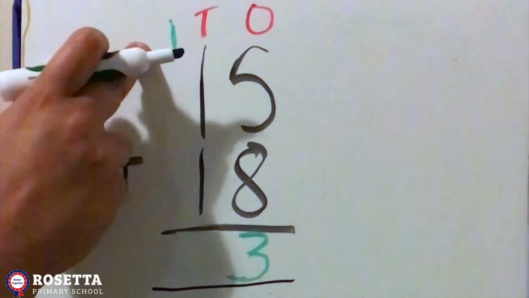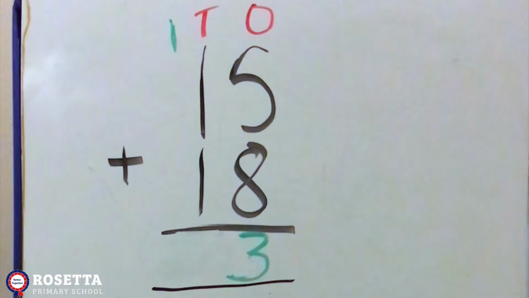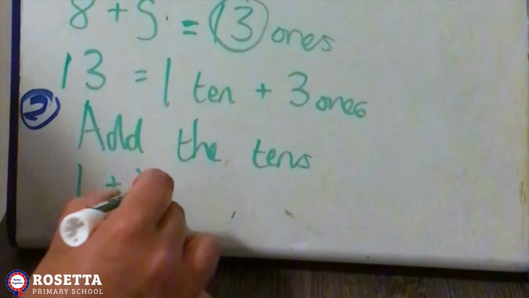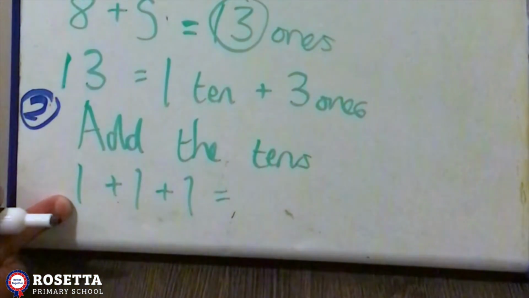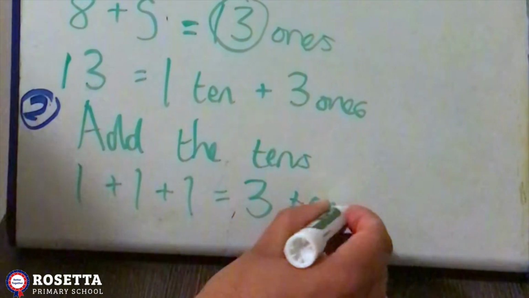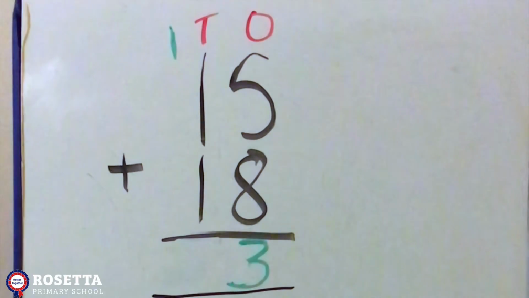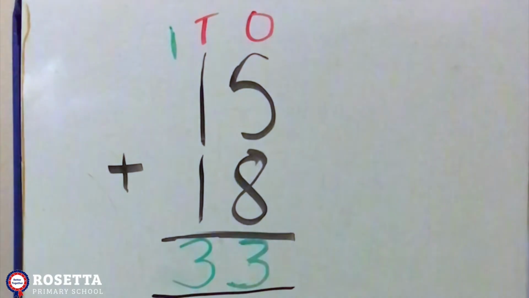So we've got 1 extra 10 up here, okay? So we've got 1 ten plus another 1 ten and plus another 1 ten. So we've got 1 plus 1 plus 1 equals what? Is this 11? No, it is 3 tens. Where does the 3 go for 3 tens? Here? Here, well done. Fantastic, so there's the column method.